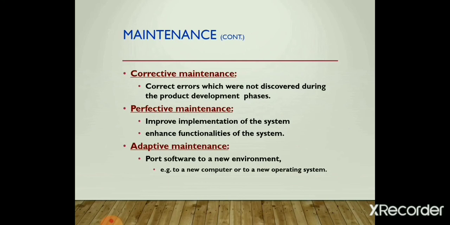Then the last one is adaptive maintenance: port the software to a new environment, for example to a new computer or to a new operating system. This is all about the phases of the waterfall model.